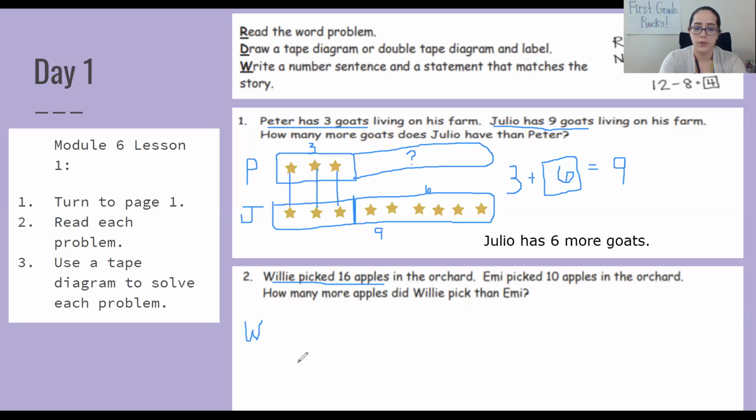And this is another comparison problem, so I want to make sure my pictures line up. 1, 2, 3, 4, 5, 6, 7, 8, 9, 10, 11, 12, 13, 14, 15, 16. And then draw my tape diagram.